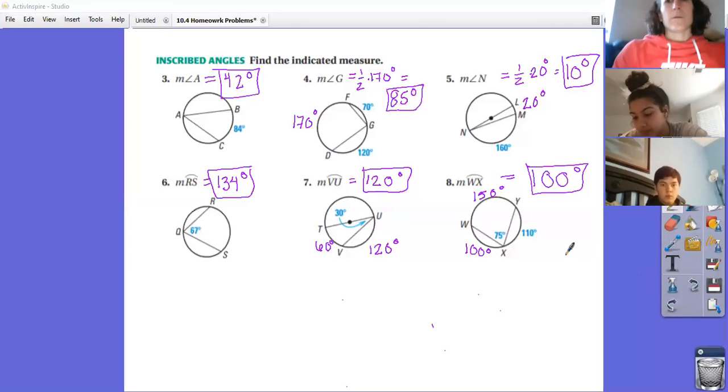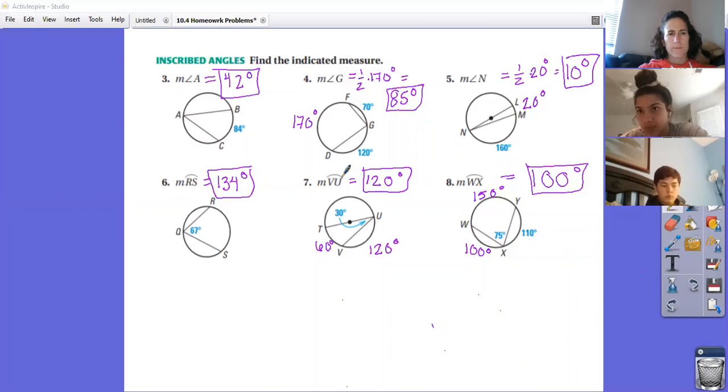I'll share my screen with you here. Number 4, angle G, that's called an inscribed angle.